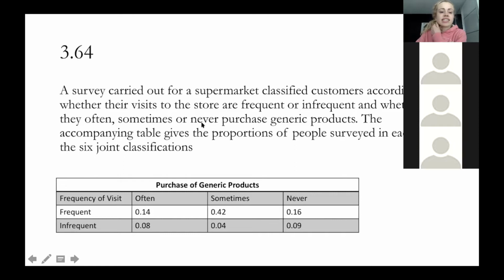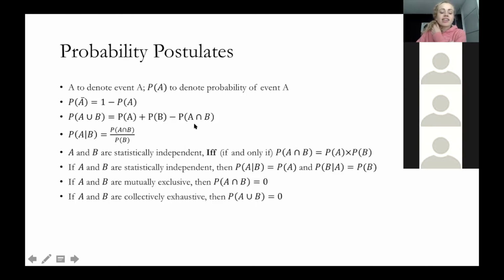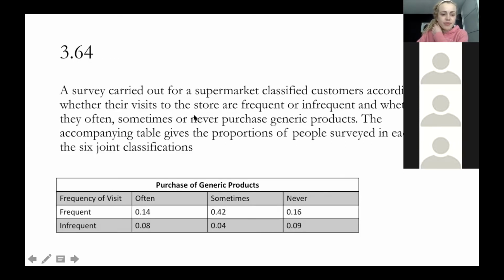the next exercise is about calculating probabilities. A survey carried out for a supermarket classified customers according to whether their visits to the store are frequent or infrequent, and whether they often, sometimes, or never purchase generic products. The accompanying table gives the proportions of people served in each of the 6 joint classifications.